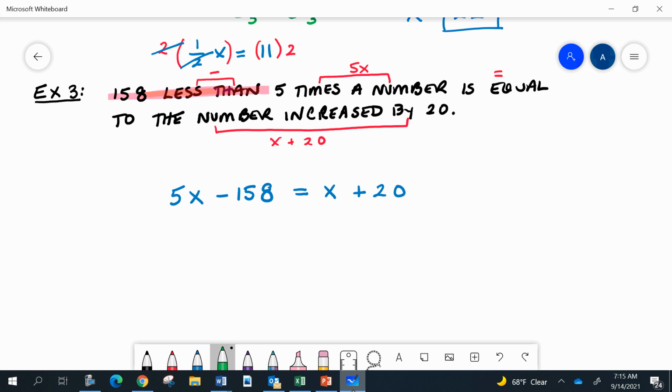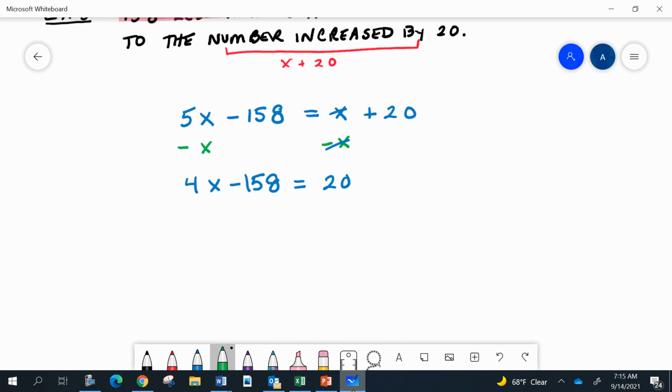Once you write the equation, now you're just solving your equation using all of the skills that we have been working on. 5x minus x is going to be 4x minus 158 equals 20 because these x's canceled. So now I'm going to work on getting the 158 to the other side, and we get 4x equals 178 if I take 158 plus 20.